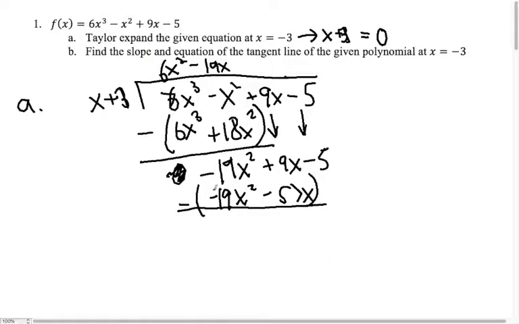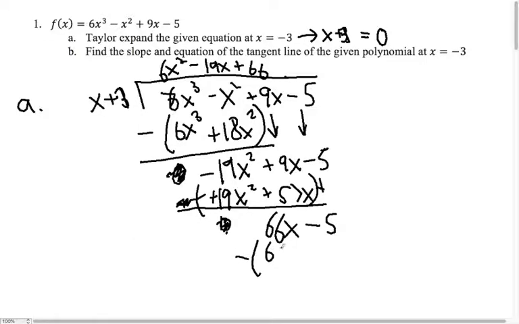You distribute the negative, which makes this a positive and makes this also positive. And then this is equal to 0, so we disregard it, and this was equal to 66x. And as we did before, you bring down the 5. So this can be simplified one more time, and we know x goes into 66x 66 times. So we add 66 up here, do 66 times x plus 3, and subtract that value.